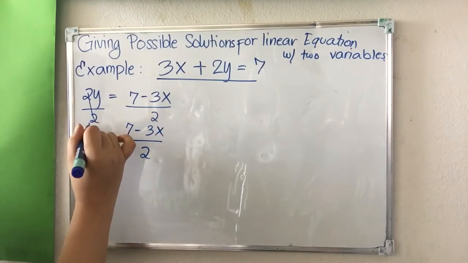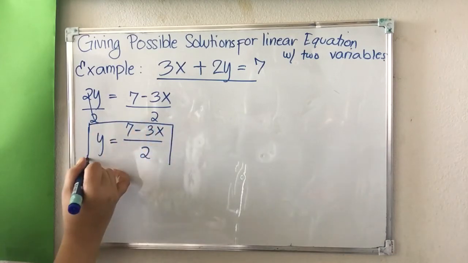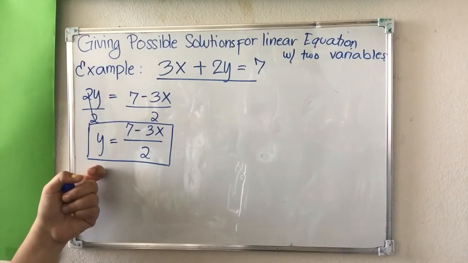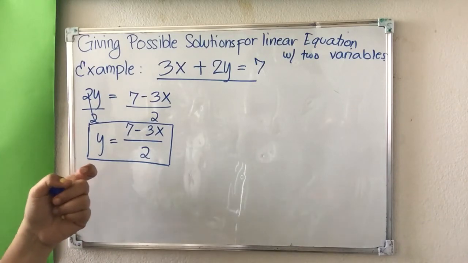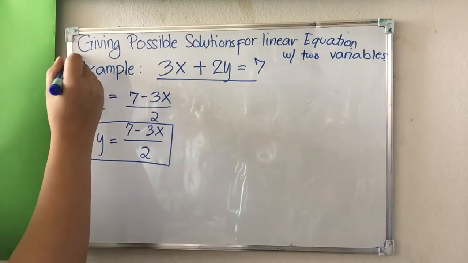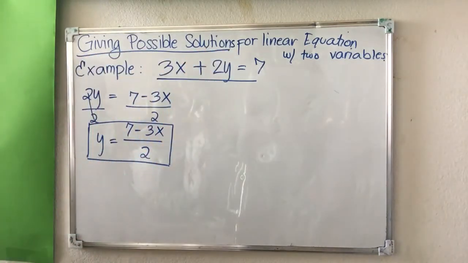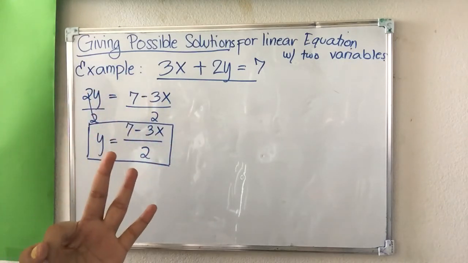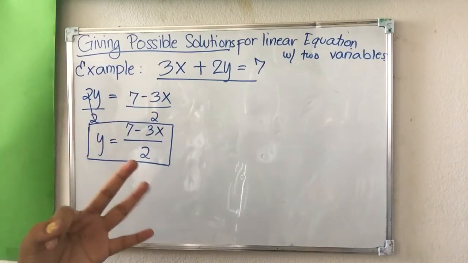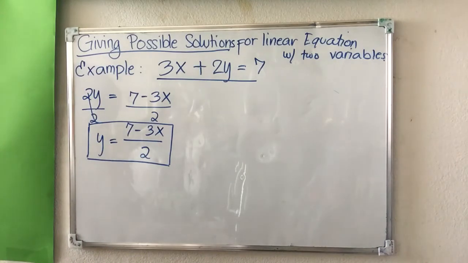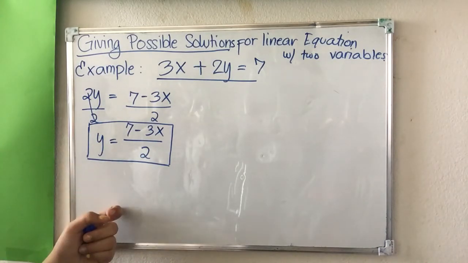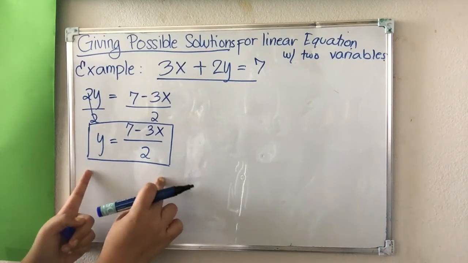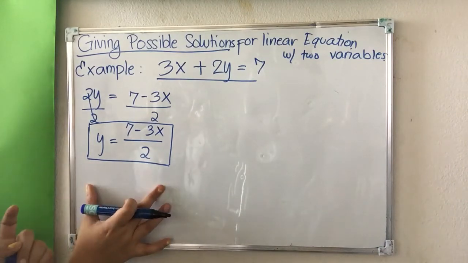Okay, so let's try to use this equation by giving possible solutions. We are going to give 3 different solutions. So first, when x is negative 3.